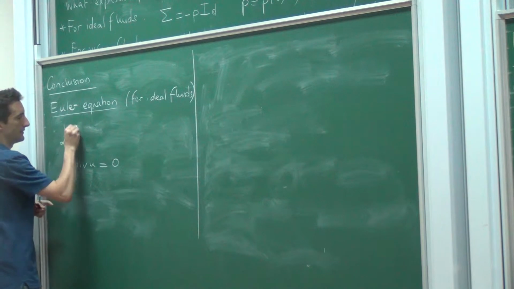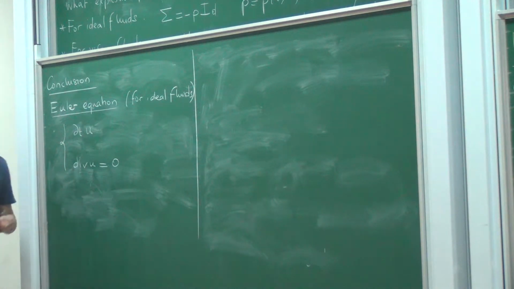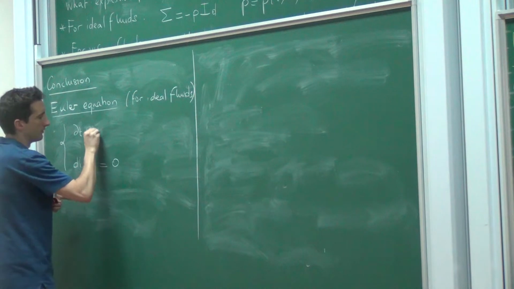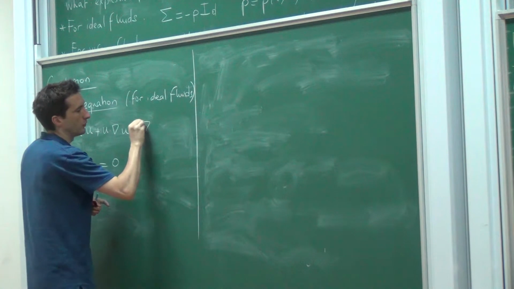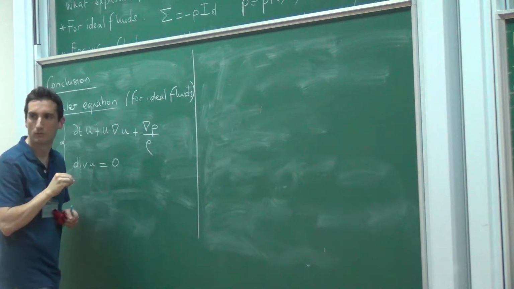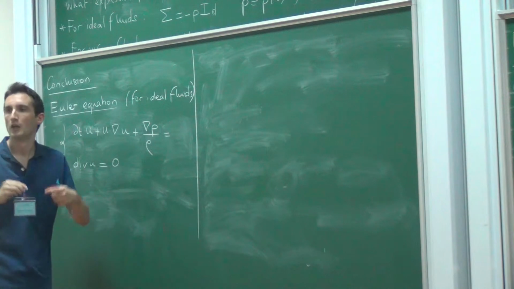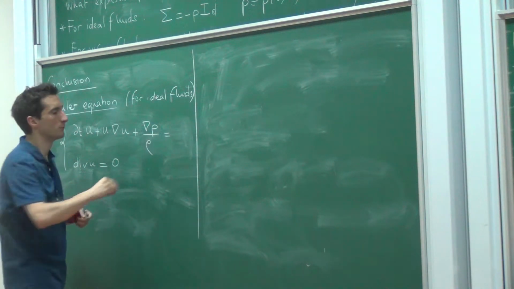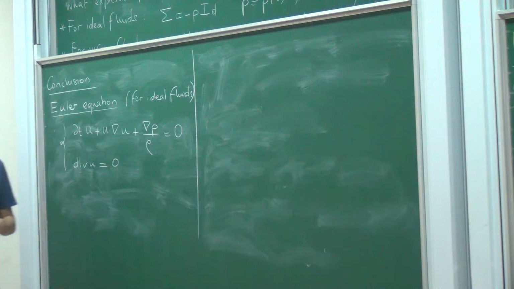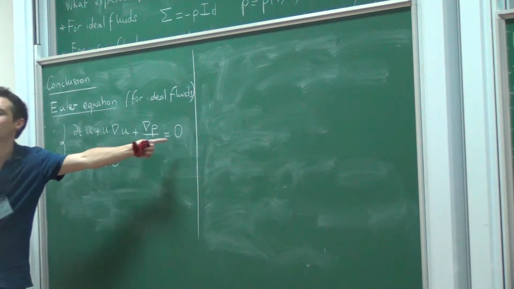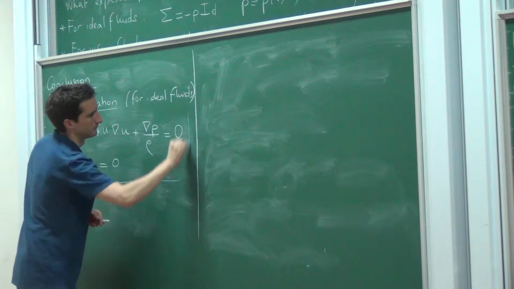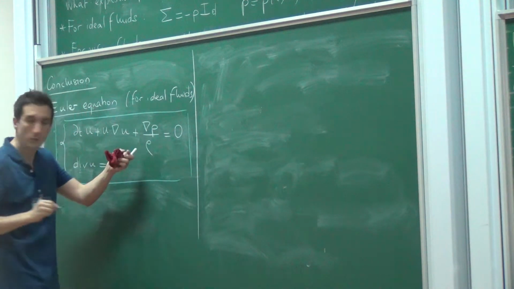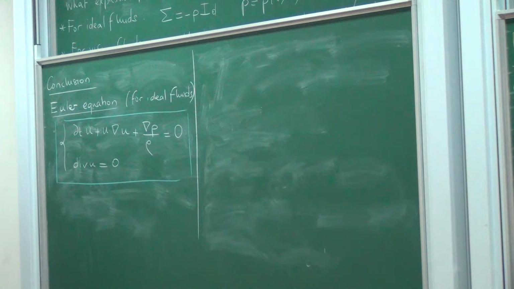So what you get is the following equation on the velocity field: dtu plus u dot grad u plus gradient of p over rho equals some volume forcing, but I will take it to be 0. I neglect any source term you could add. So that's the Euler equation. Rho is a given constant.